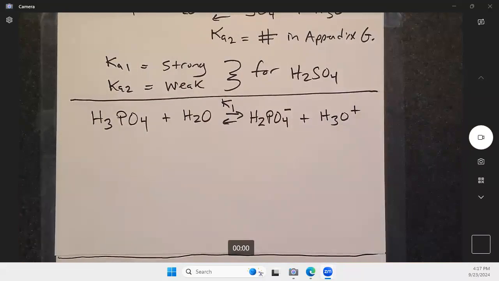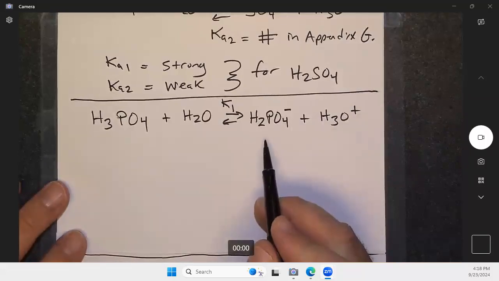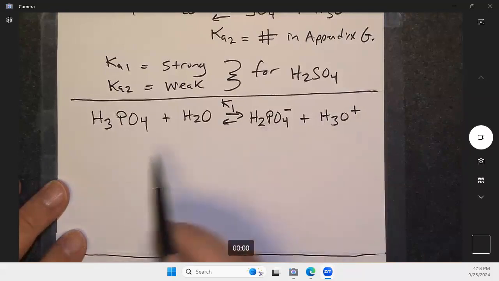But now, this H2PO4 minus, what do we call that? Hydrogen phosphate monobasic. Right, that's a good way to refer to it. Something I'll add here.